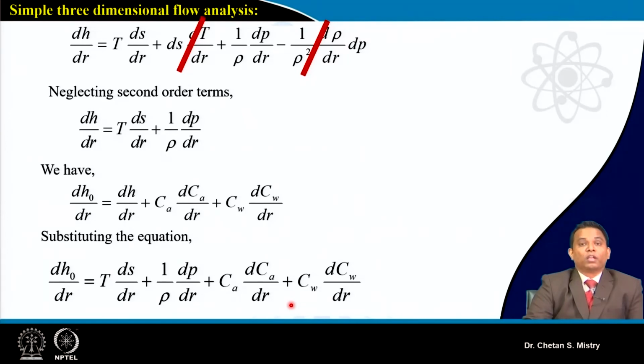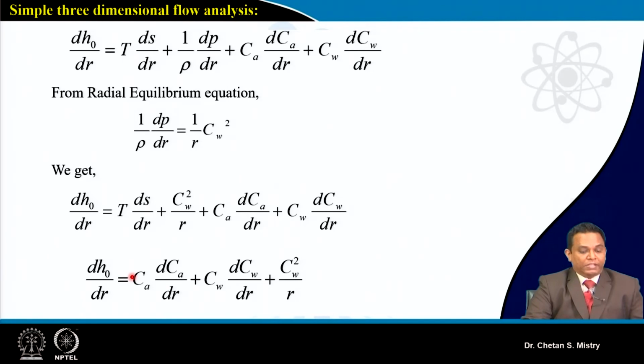Now here, this is a term that can be represented in another form, because from our radial equilibrium equation, dp by dr we can write as rho Cw square by r. So let me replace this in the equation.